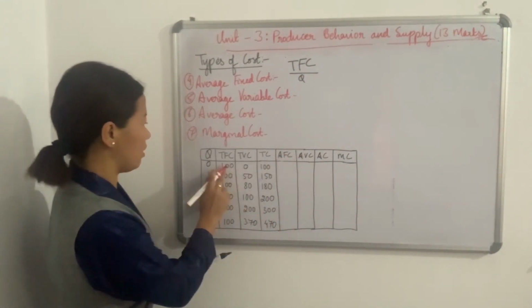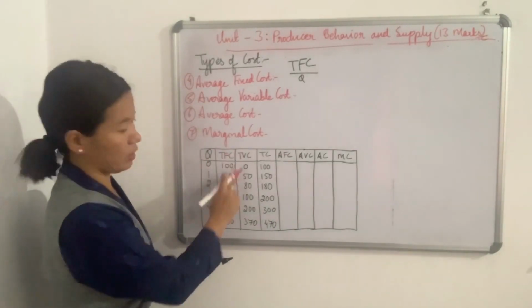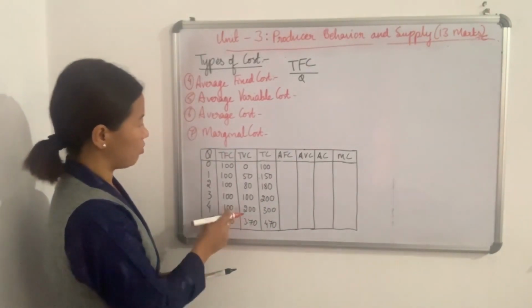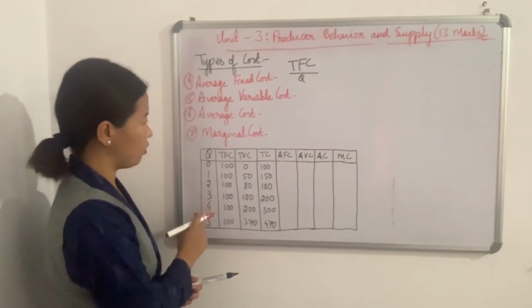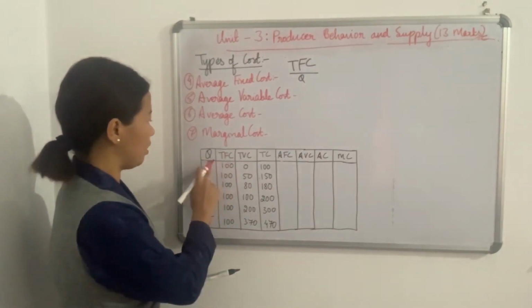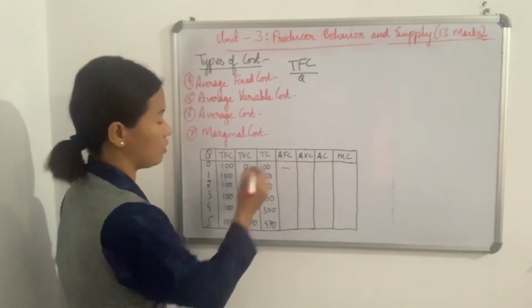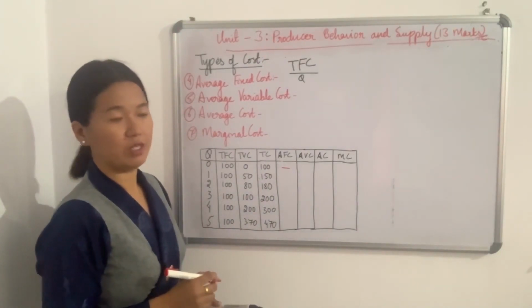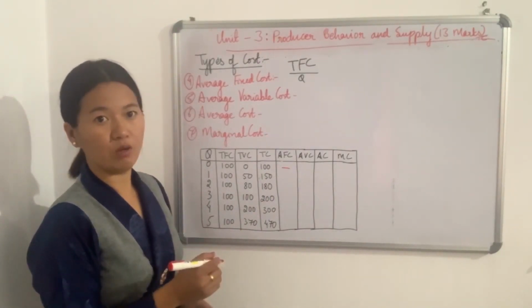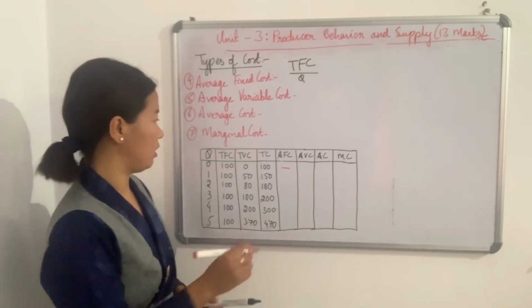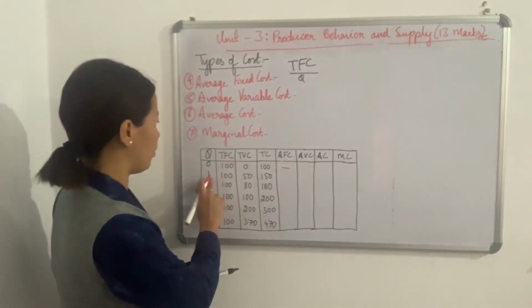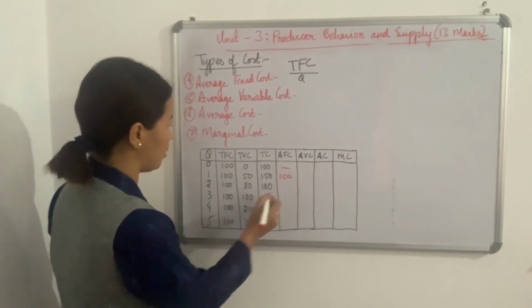The first is total fixed cost, it remains the same, 100. So according to each unit of output, we will find out. The first one is 100 upon 0. Since the denominator is 0, there is no value, or we can write it as infinity. And next is 100 upon 1, that is 100.